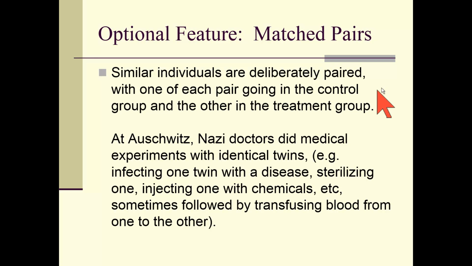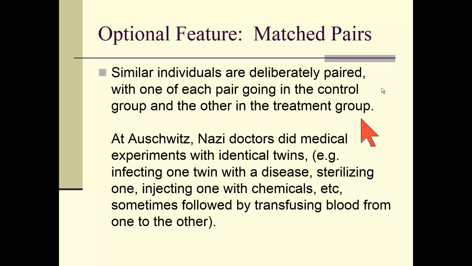Identical twins have identical genetic makeup, DNA, and so knowing that, for example, some people are just simply more susceptible to a chemical than another, that's kind of a lurking variable going on, the doctors said, okay, let's put one twin in one group, the control group, and another in the treatment group, and then that will cause this lurking variable to kind of cancel itself out.